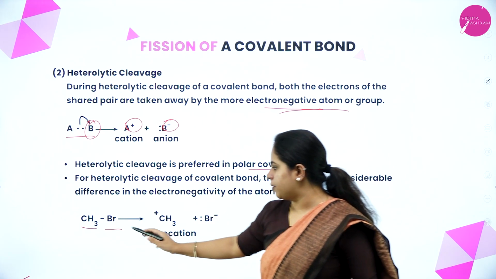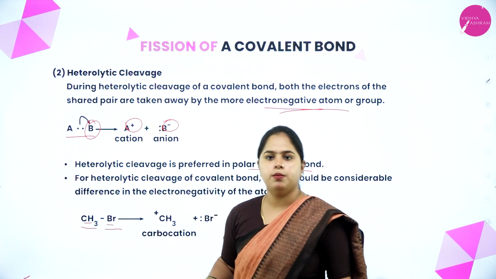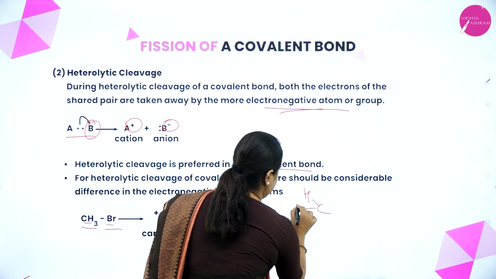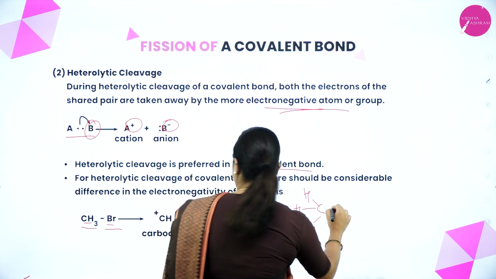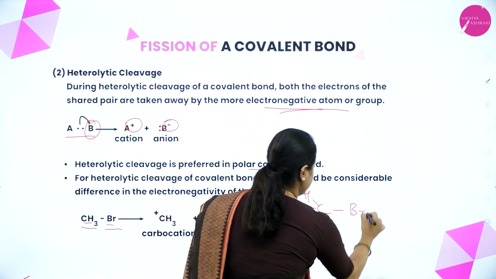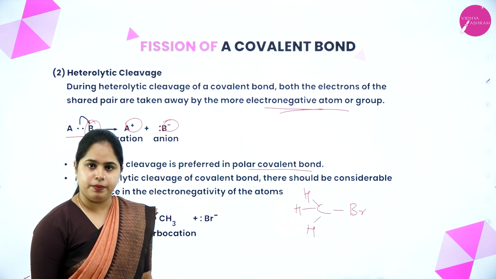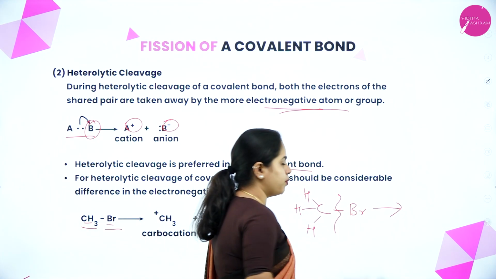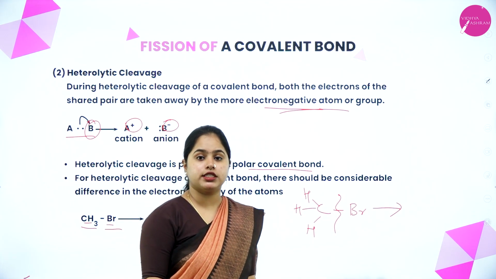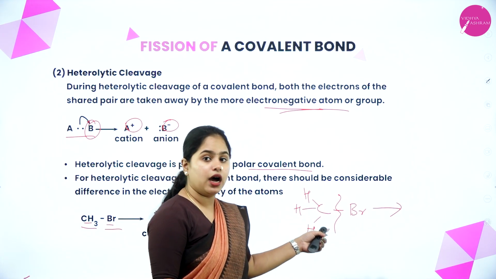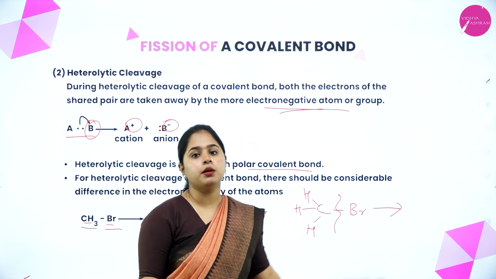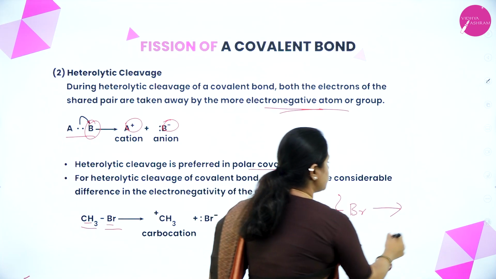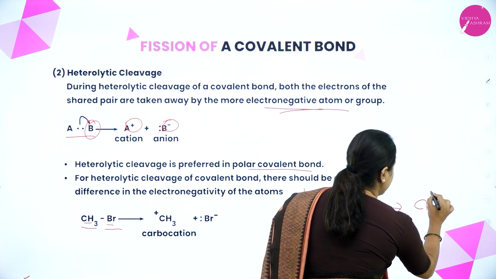There is carbon and bromine, represented as CH3Br. What happens when the carbon-bromine bond undergoes heterolytic cleavage? Because carbon is less electronegative than bromine, bromine will take up the shared pair of electrons. So CH3 will become plus.